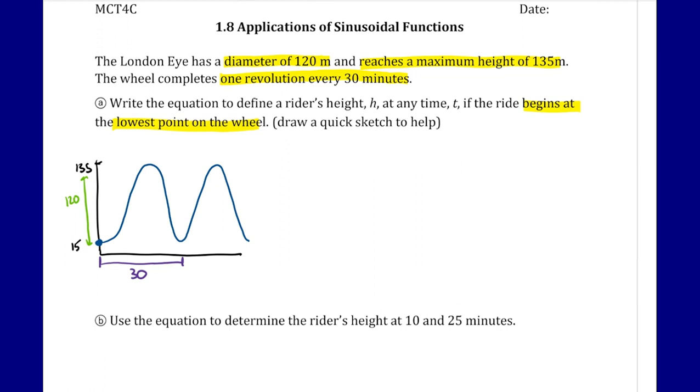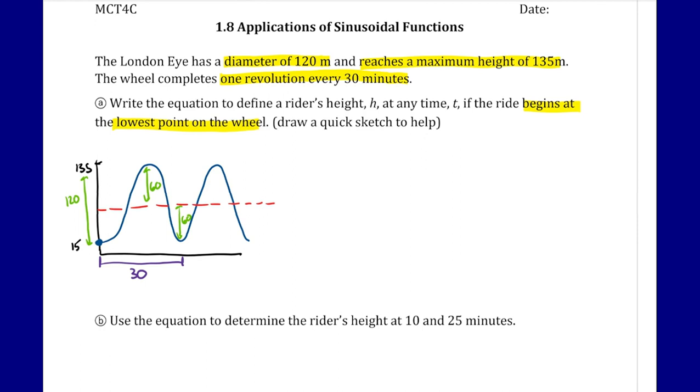Because if I know the entire diameter is 120, the midline needs to lie 60 meters from the maximum to the midline, as well as 60 meters from the midline to the minimum. So I know my midline has to be roughly about here.